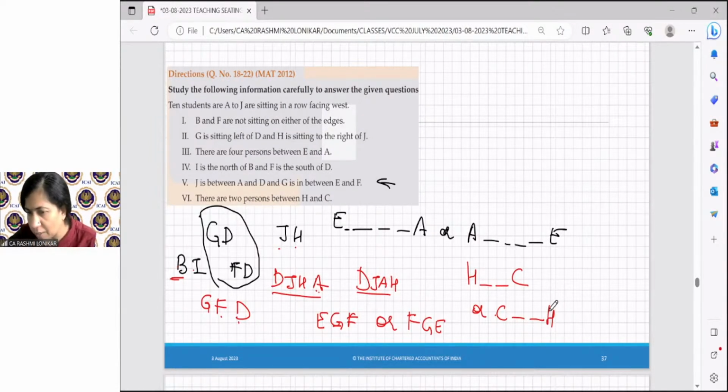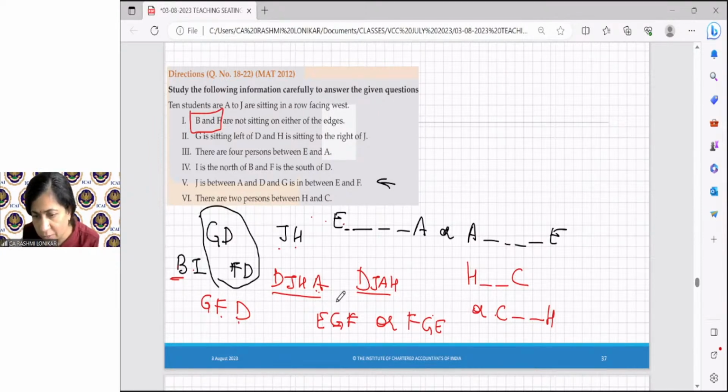Now what is happening is that I also know that B and F are not at the edges. So here, what is the relation between E, G, F? EGF or FGE? But I know F is not at the end, so I cannot have FGE.